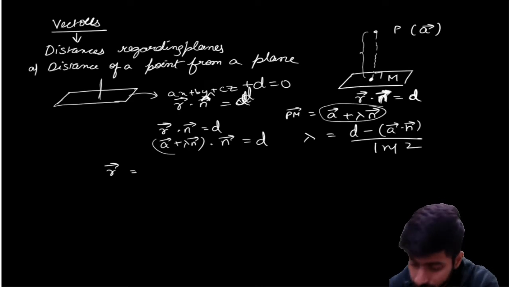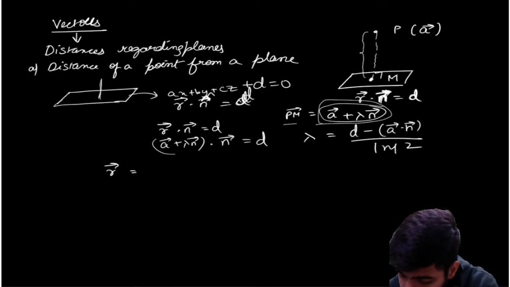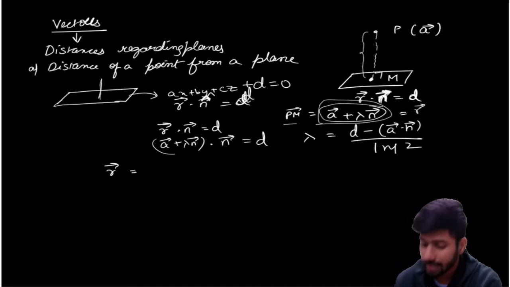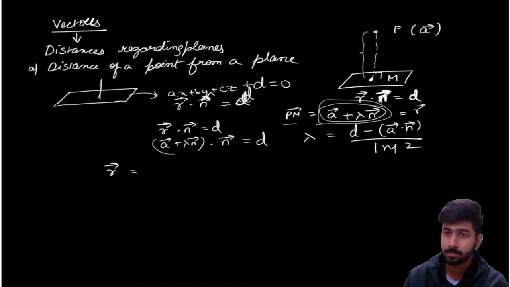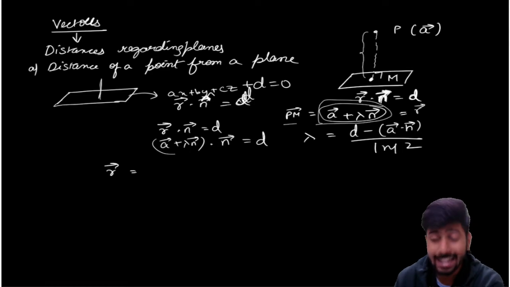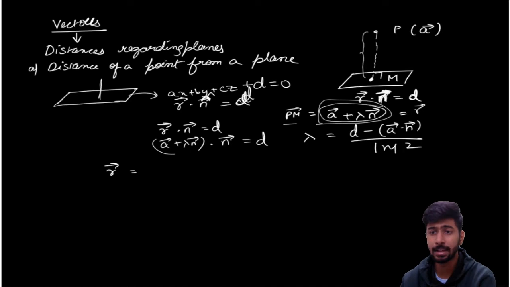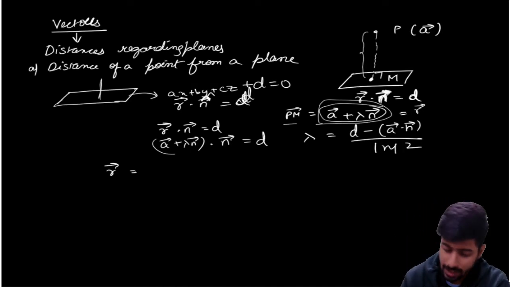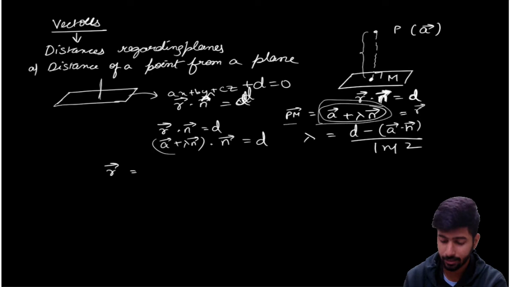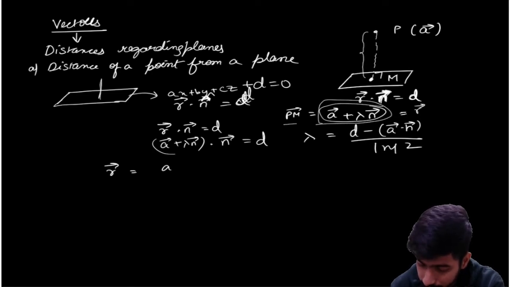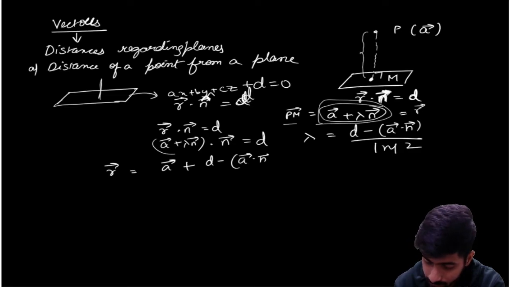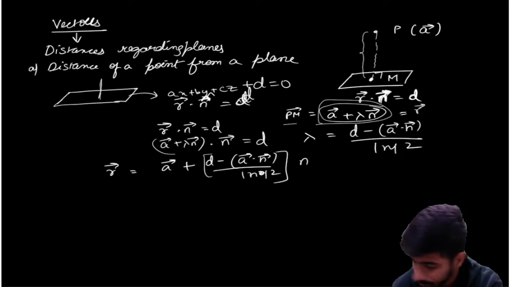So essentially PM is represented by this, and each of this r bar is on the line. And I need that lambda which is not just on the line but also on the plane. That's why I substituted this in the plane, and then I got the value for lambda. So finally the r bar, which is the position vector for M, is nothing but a bar plus lambda times n bar, and the lambda that I got is d minus a dot n by mod n square, times n bar.